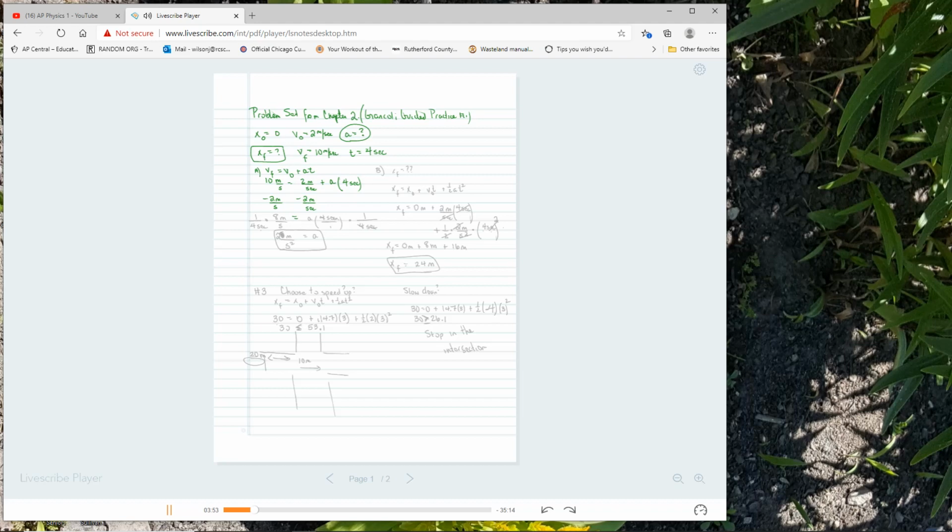And that gives me 8 meters per second equals A times 4 seconds, which I then multiply by the reciprocal. So my acceleration becomes 8 meters per second squared.